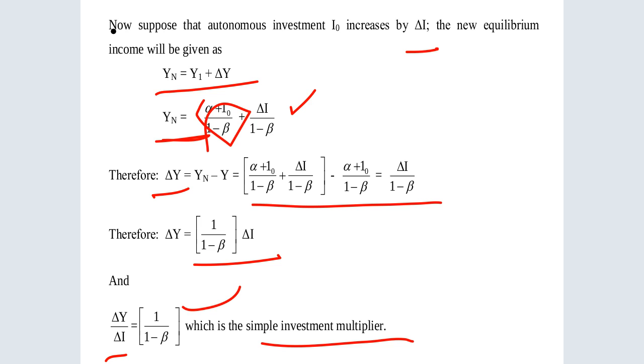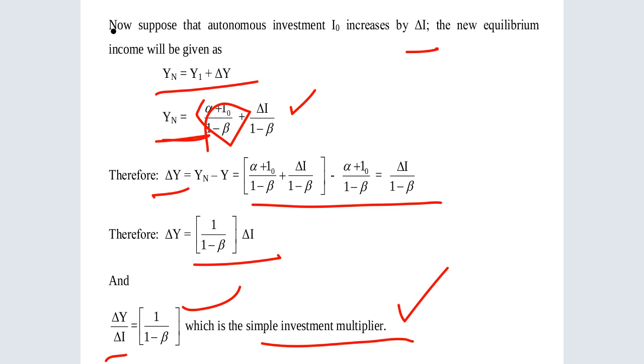And what this tells us is simply the amount by which income changes if we have a unit change in investment. So if we change investment by 1 unit, by how much will our national income change?